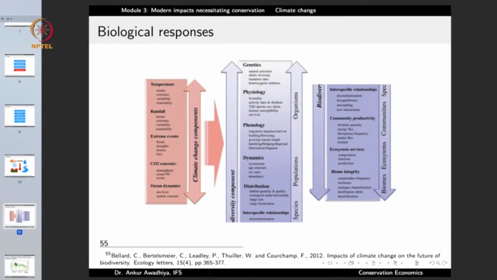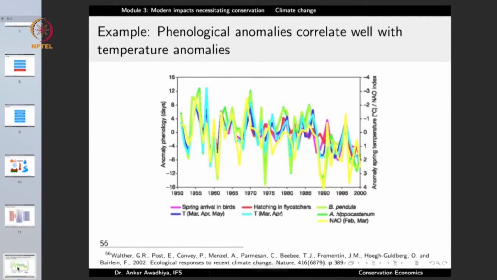And we have pretty solid evidence that these anomalies are occurring because of changes in the climate or changes in the temperature. So in the case of a number of species, we have observed that the greater the temperature anomaly, the greater the phenological anomaly.